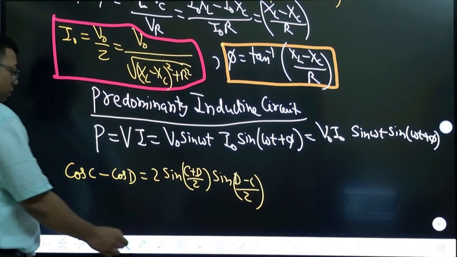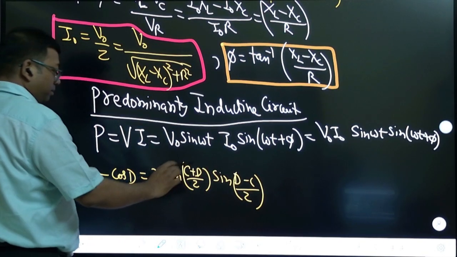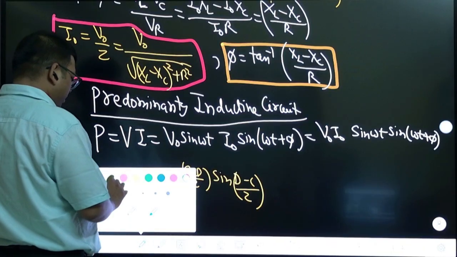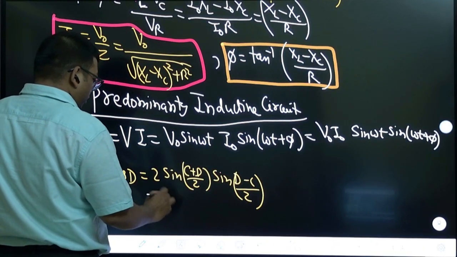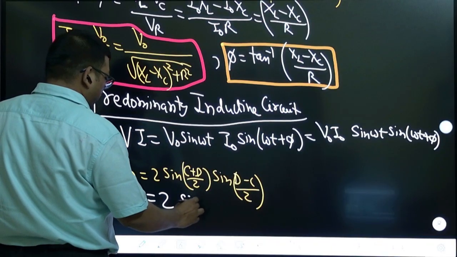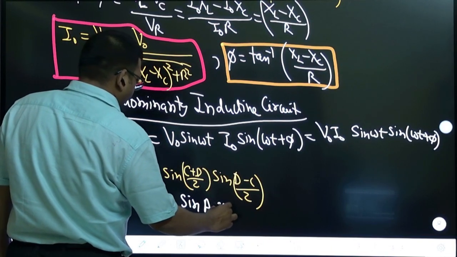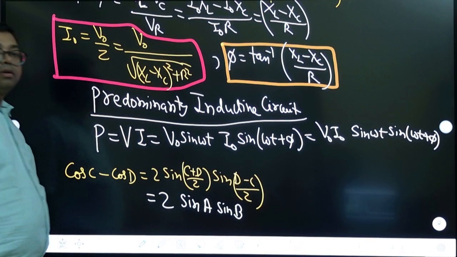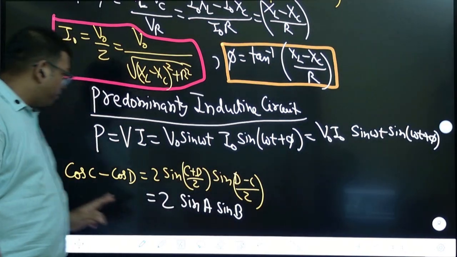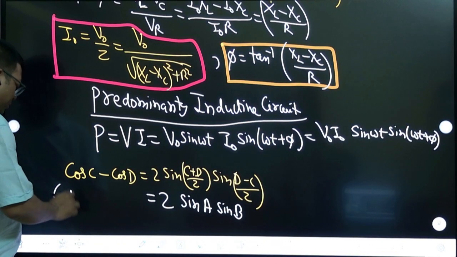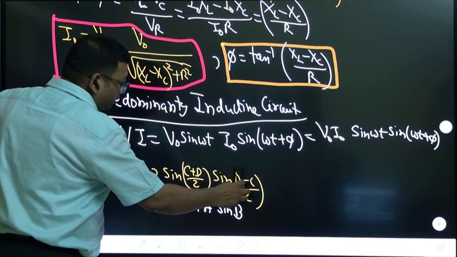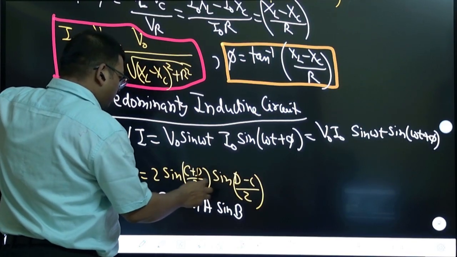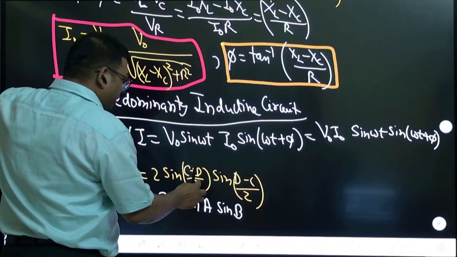Okay. So if I consider (c plus d) by 2 and (d minus c) by 2 as a and b, I can write this as 2 sine a sine b. Suppose we take this as a and b, then what will be c and d? Tell me. By adding you will get d, right? By subtracting you will get c. So subtract.